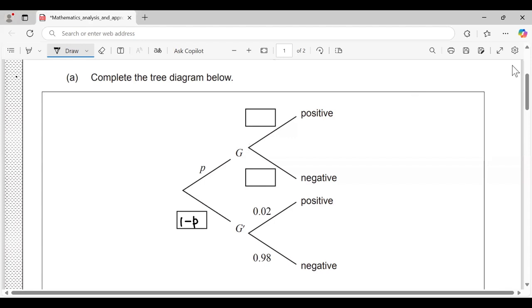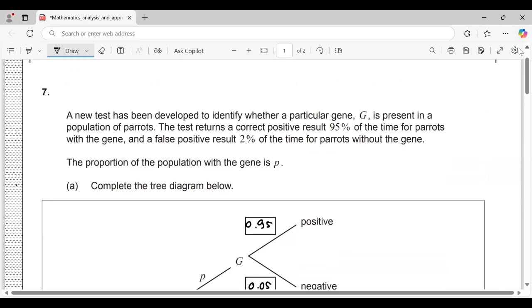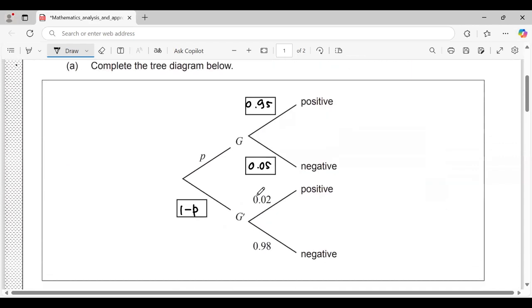According to the information, we can state that this is 0.95 and this one is 1 minus 0.95, which means 0.05 for G positive and negative. But for non-G, it's all this information. Positive is 0.02 and negative is 0.98.